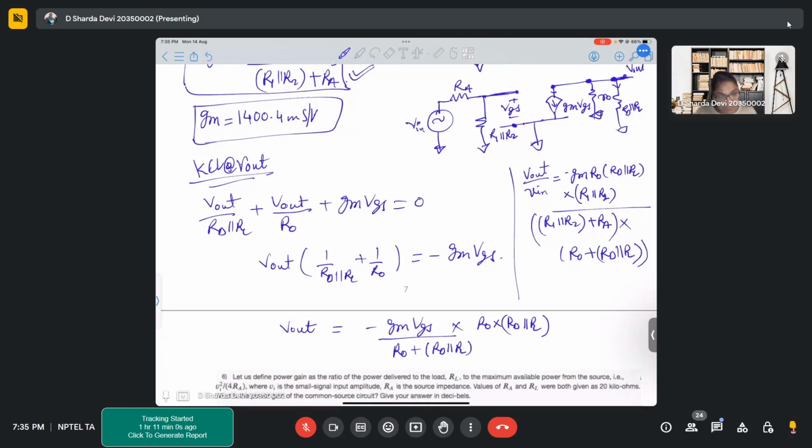After solving this, the gain that we will actually get is minus 13.06 volt per volt.